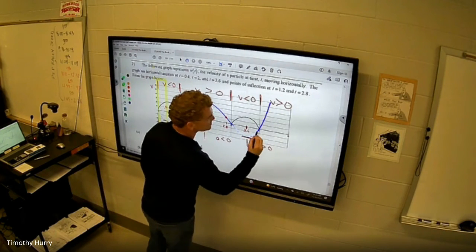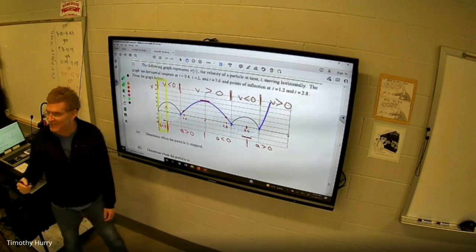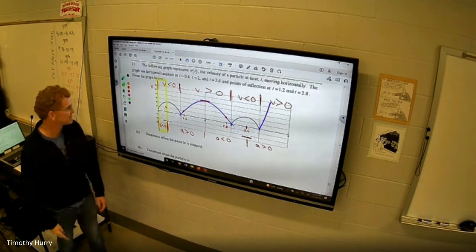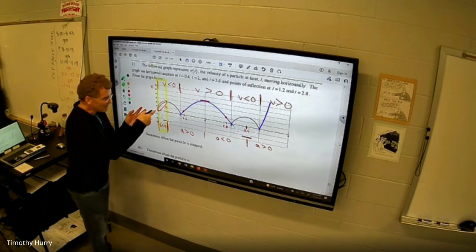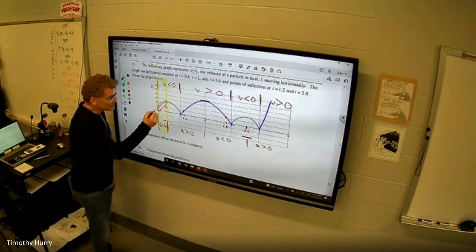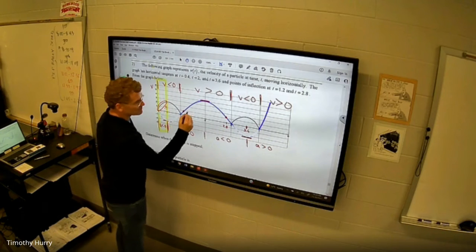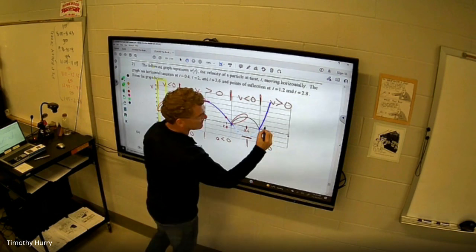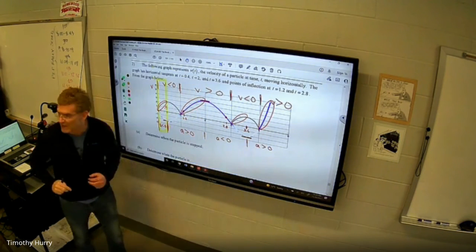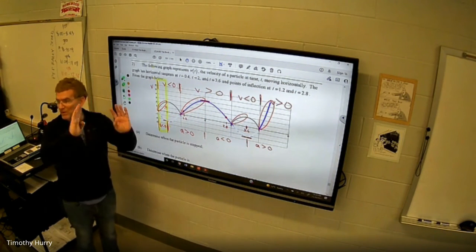Now, if these are speeds, where do you see speeding up? Look, I know I'm 0 here, so I'm speeding up there. I'm speeding up there, I'm speeding up there, and I'm speeding up there, right? Because I'm moving upward.